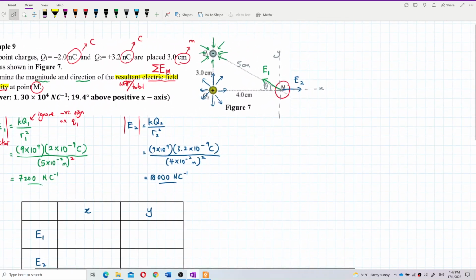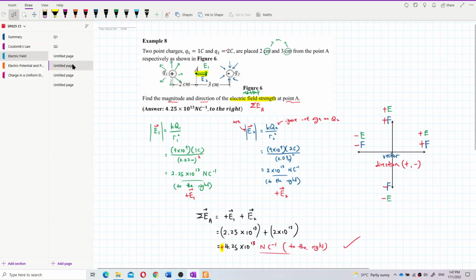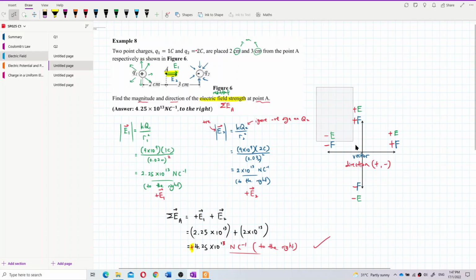One more thing you must remember when you convert to x and y components. Vectors have direction, and we use positive and negative signs to represent the directions. I want you to remember this.